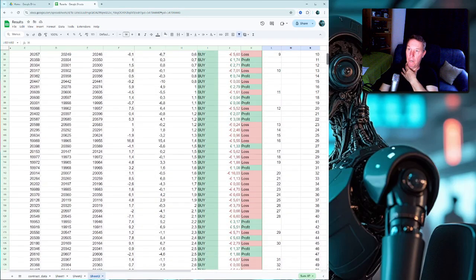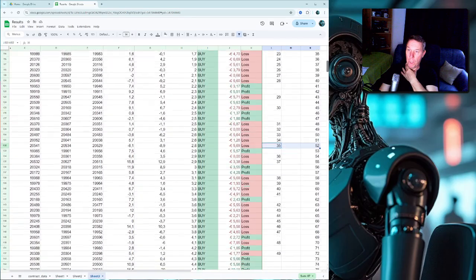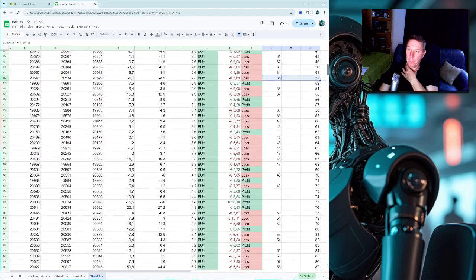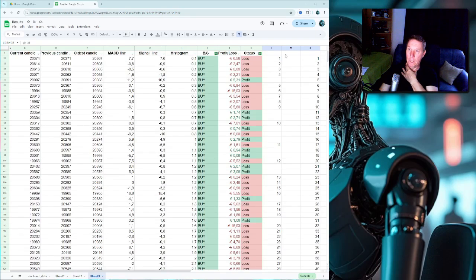Okay, this is half. I want to go down because in the lower half there were better results than in the higher half. I see a lot of red and some green in this one.